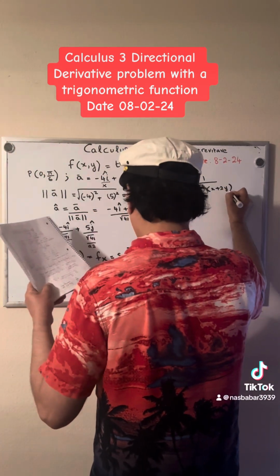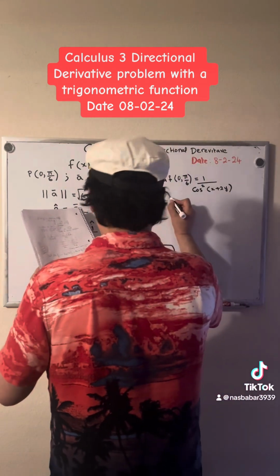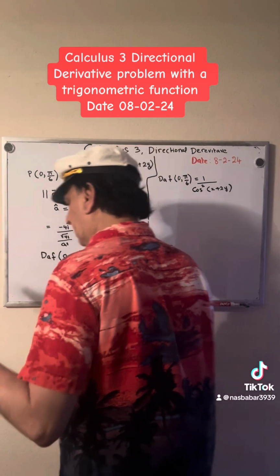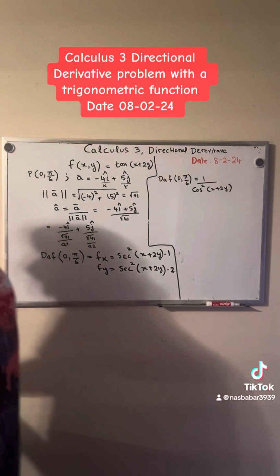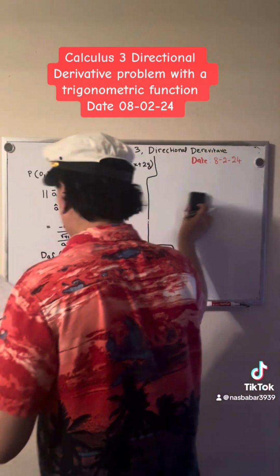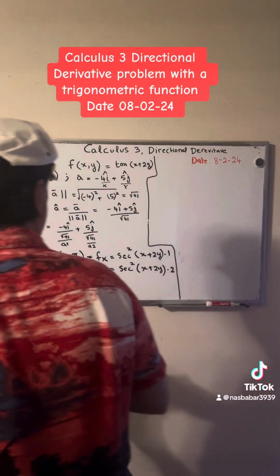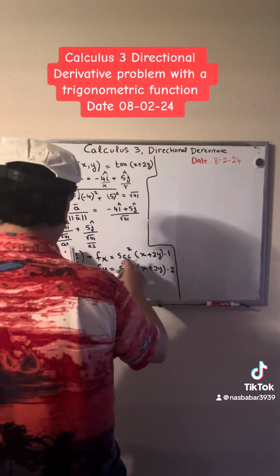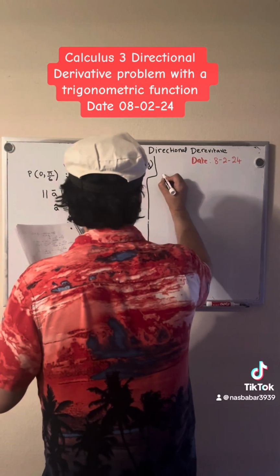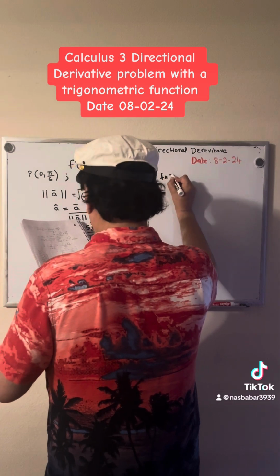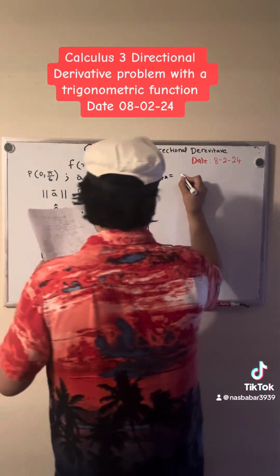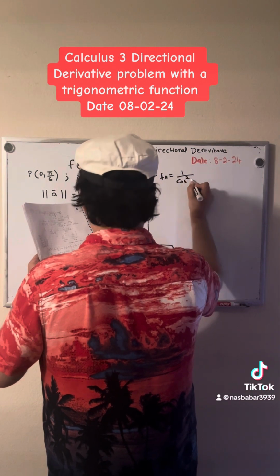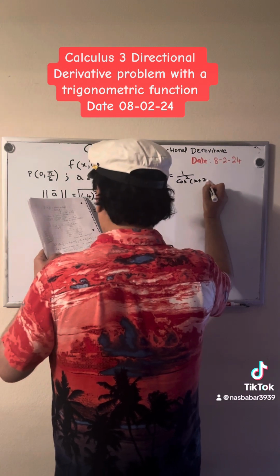Let me write this again. Let me take the inverse of this first. So fx is equal to, for this right here, doing the inverse, 1 over cosine squared of (x + 2y).